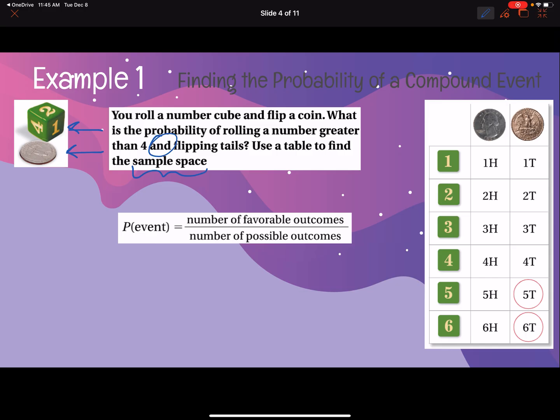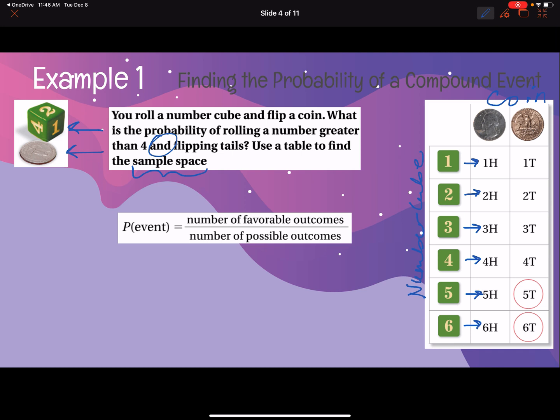Okay, now over on this right side, you've got your possibilities for the coin, head or tail, and you have your possibilities for the number cube. So if we were to go ahead and combine, anytime we flipped a head on the coin, we could also get a 1, a 2 on the number cube, a 3, a 4, a 5, or possibly a 6.